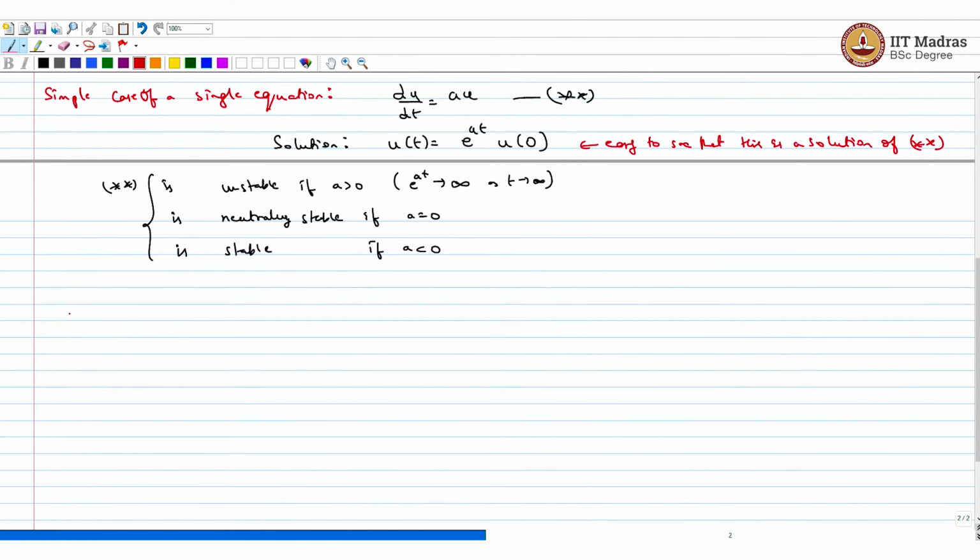Now, let us look at the case of a 2D parameter.